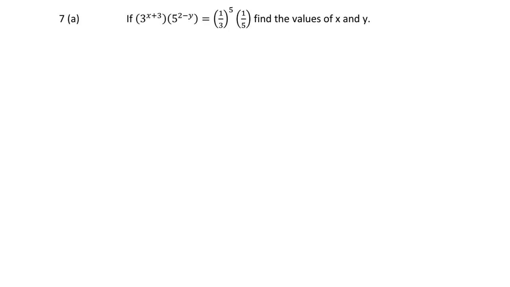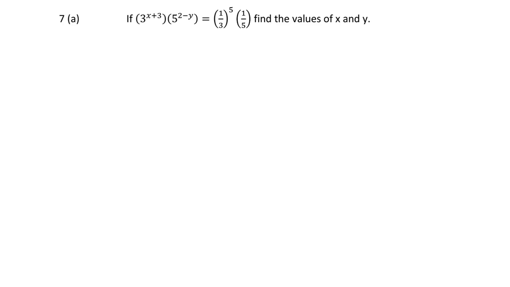Question number 7, part A. If that expression equals that expression, we are supposed to find the values of x and y. Okay, so this is an exponential problem. So first, let us express the fractions for our right-hand side as base 3 and 5.